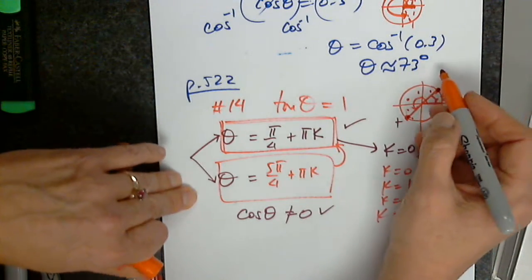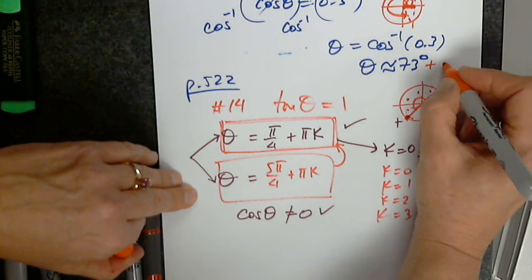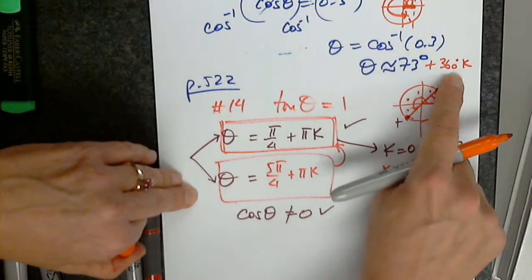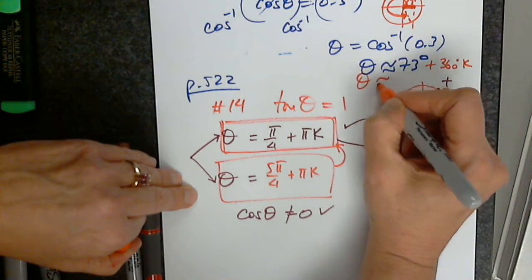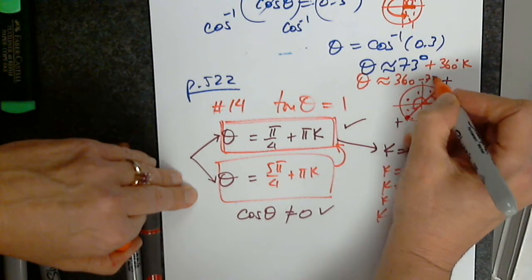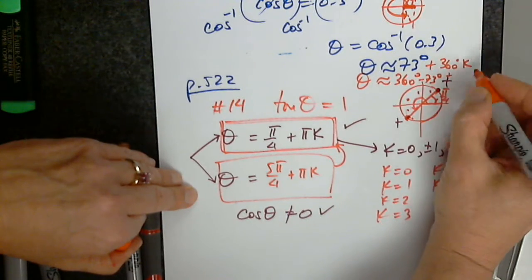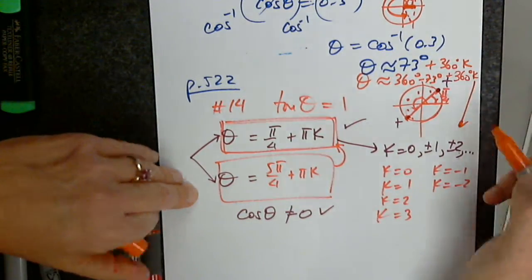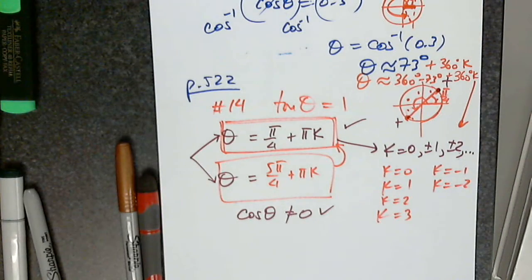So you will have theta equals 73 degrees plus 360 times k, because the period for cosine is 360. And the other option will be approximately 360 minus 73, you can calculate that, plus 360k. And I have to specify that k is any integer: 0, plus or minus 1, plus or minus 2.